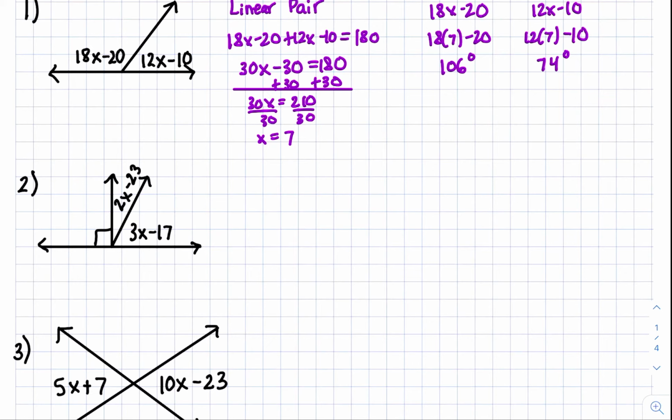Both of those angles, 2x minus 23 and 3x minus 17, add up to 90. They combine to form 90 degrees, so these are going to be complementary angles. That means these two angles add up to 90.